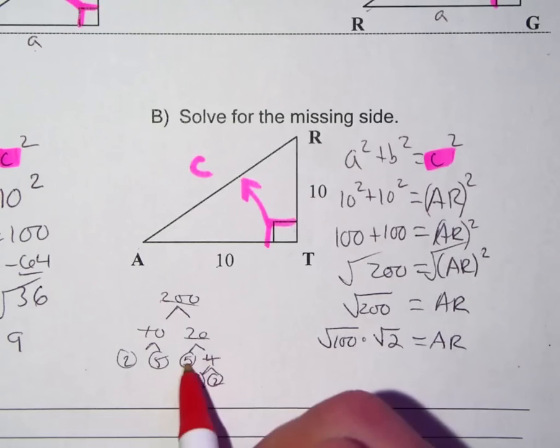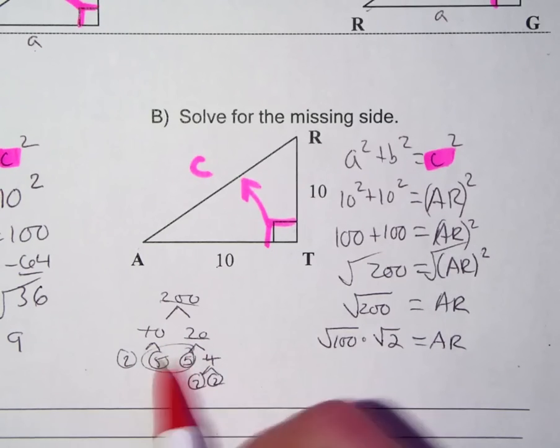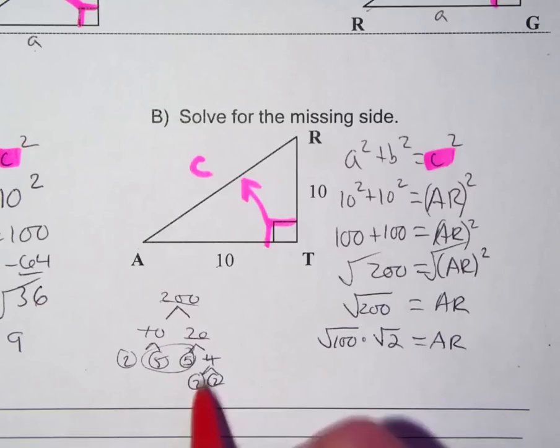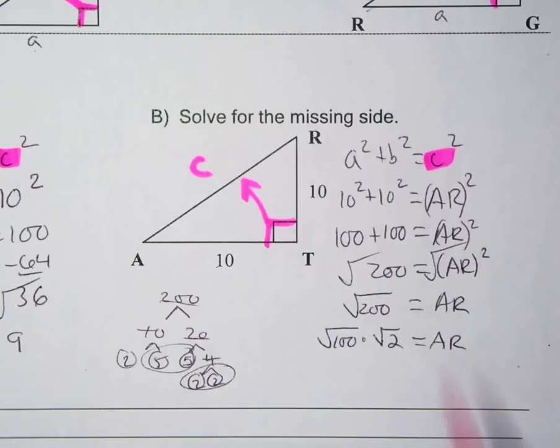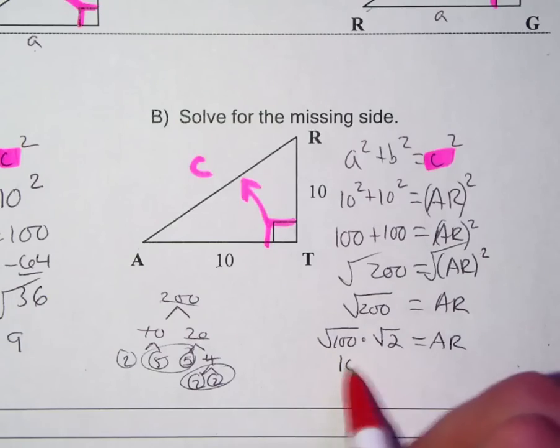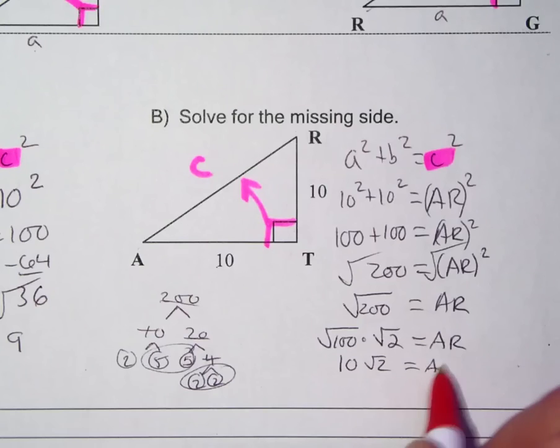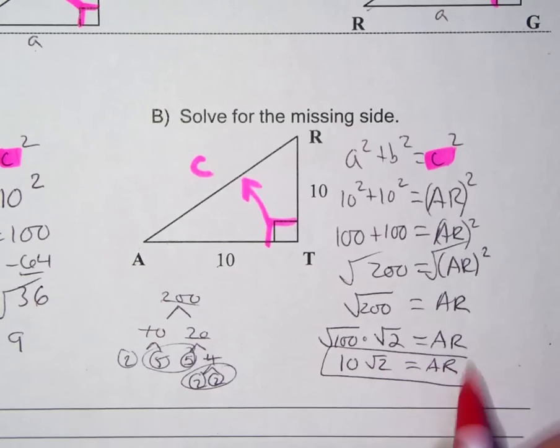You have 5 twice, so that's 25. You know how to square root that. You have 2 twice, that's 4. You know how to square root that as well. That'll help you figure it out. This will make 10 square root of 2 for the distance from A to R.